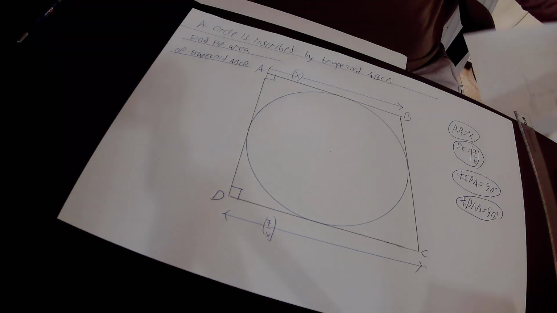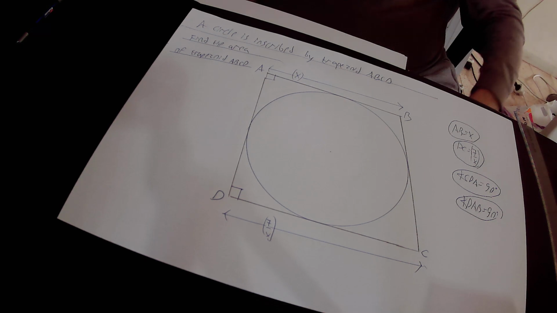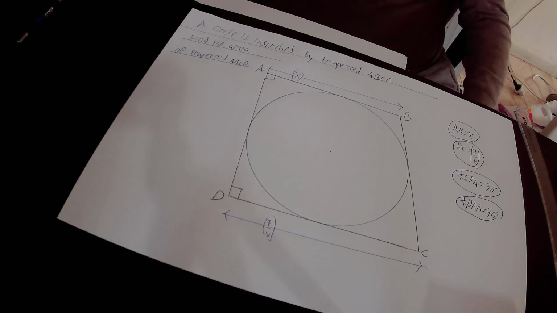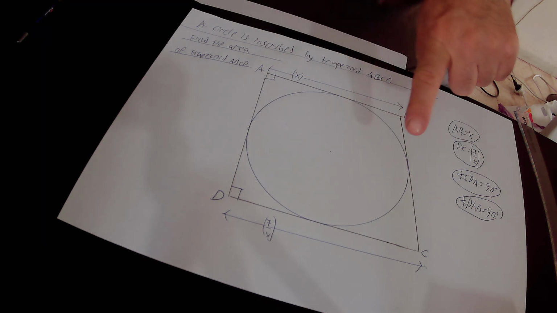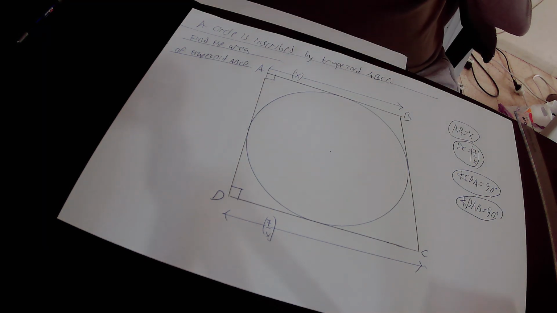Okay, so first of all, we will define the points of tangency of the trapezoid with this circle with letters.